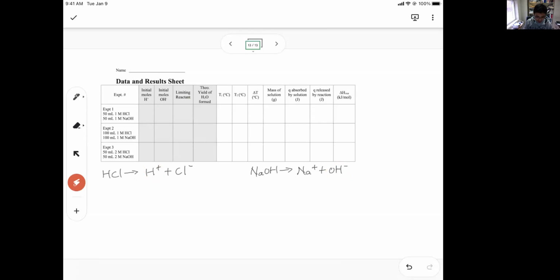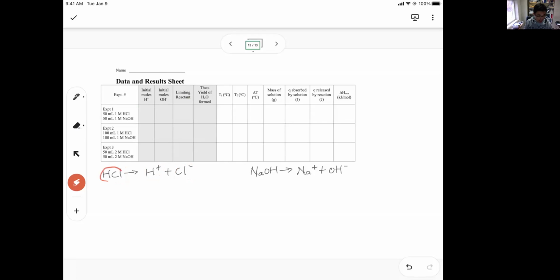Now, initial mole of H+. Remember, this is a strong acid. When you take Chem 2, you will see the difference between a strong acid and a weak acid. Strong acid means complete dissociation. In other words, this one will dissociate completely to give you H+ and chloride.